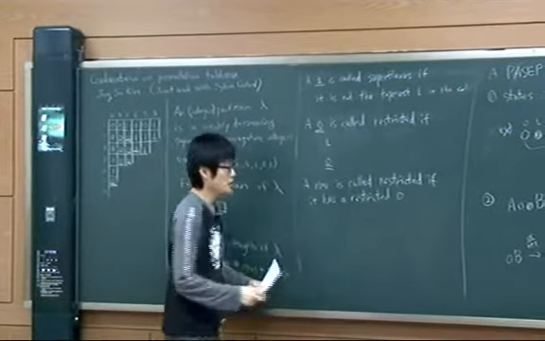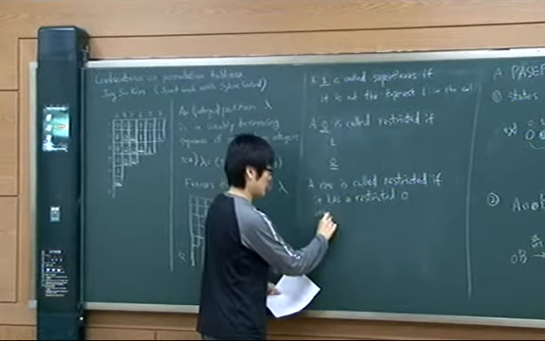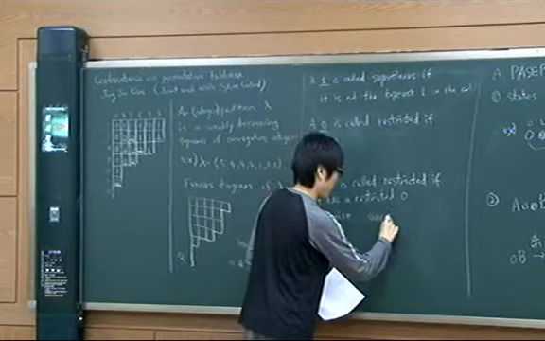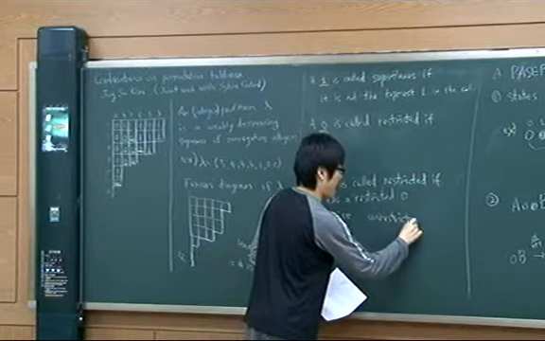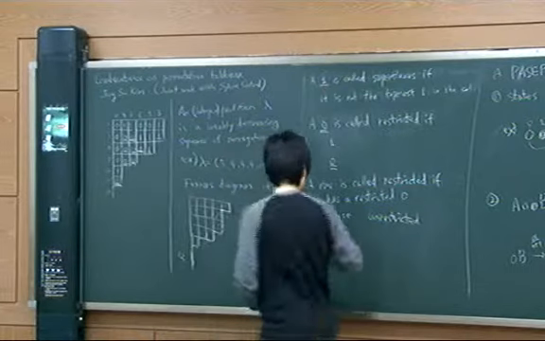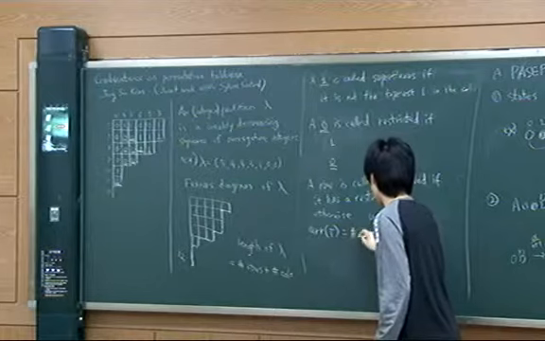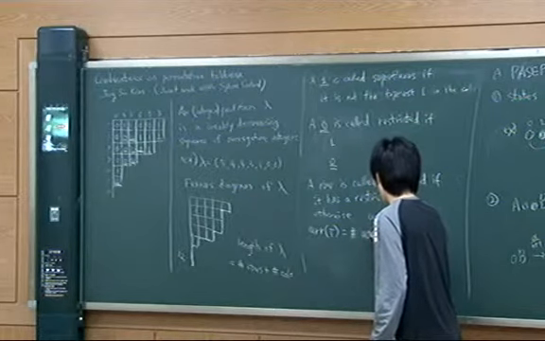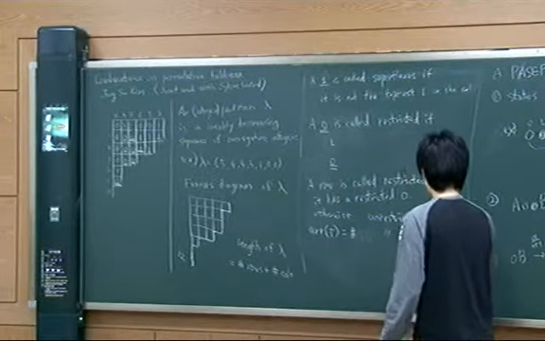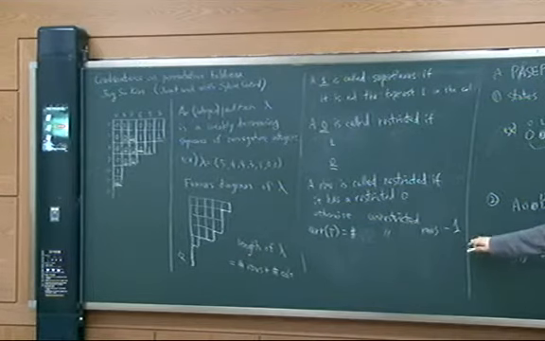So URR of T is the number of unrestricted rows minus 1.